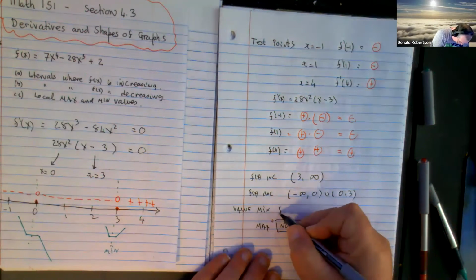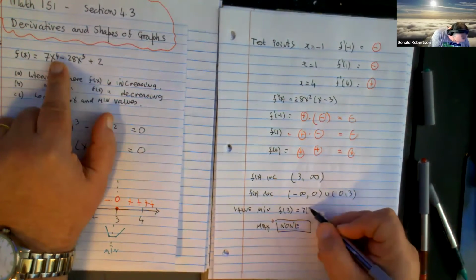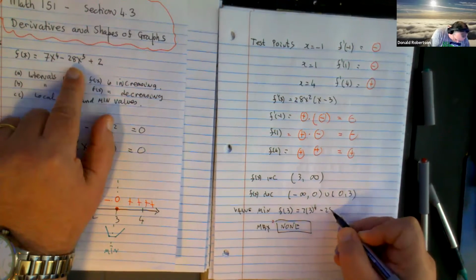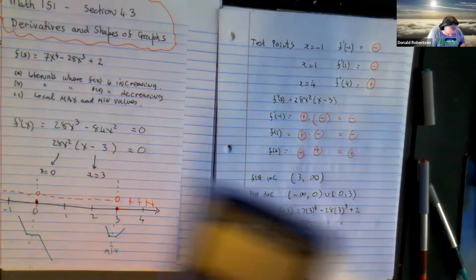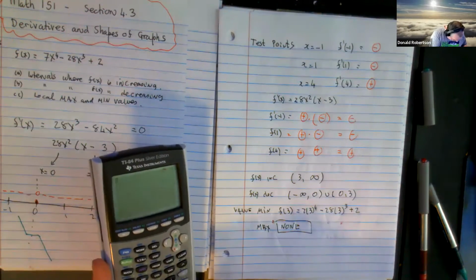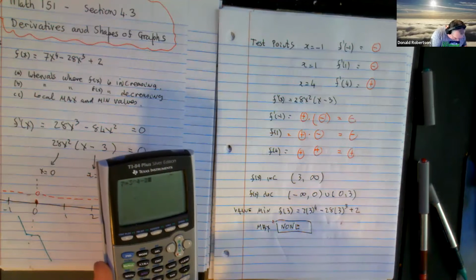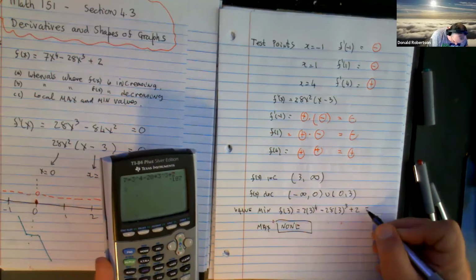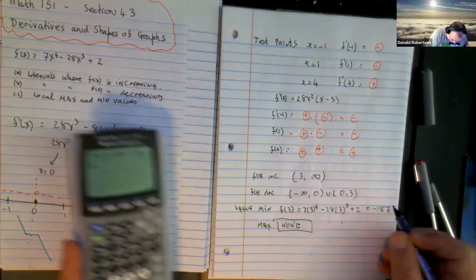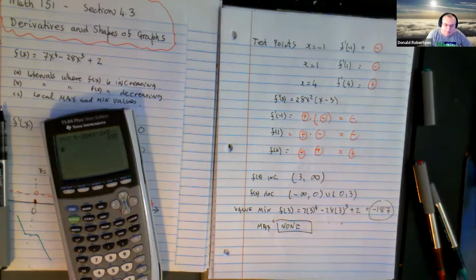So that means 7 times 3 to the power of 4, take away 28 times 3 cubed, plus 2, and the answer I get is -187. So that's the only thing you put in. Are we good with that?